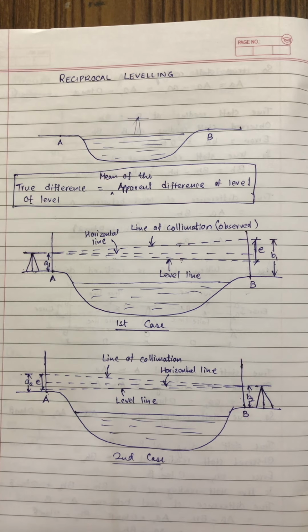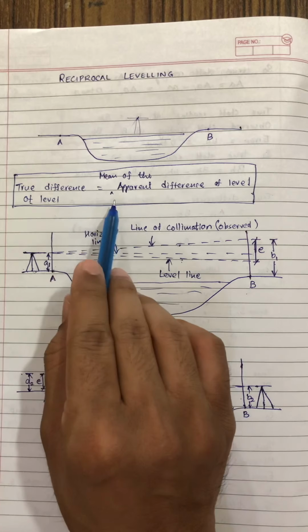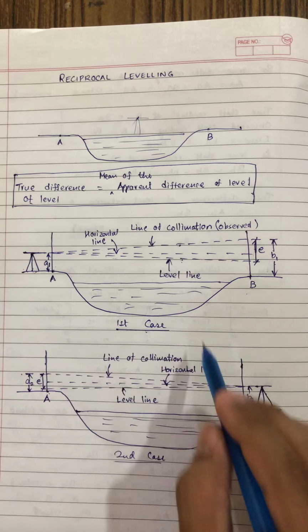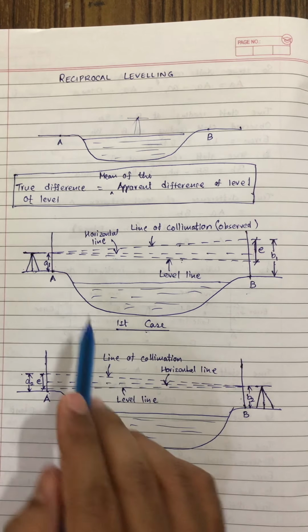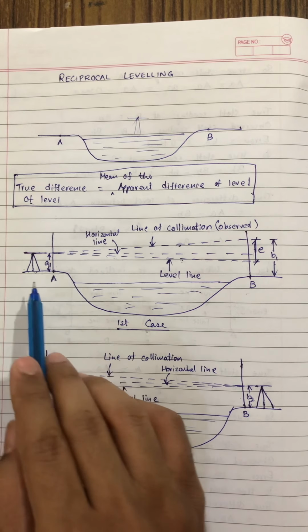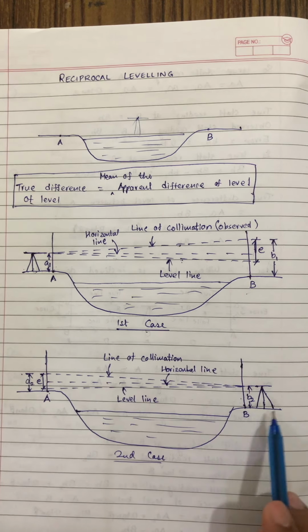In the previous video, we had discussed reciprocal leveling. In that, the true difference of level is always equal to the mean of the apparent difference of level. We had discussed two cases where the leveling instrument was near to one leveling staff, and in the second setup it was shifted to the other leveling staff.